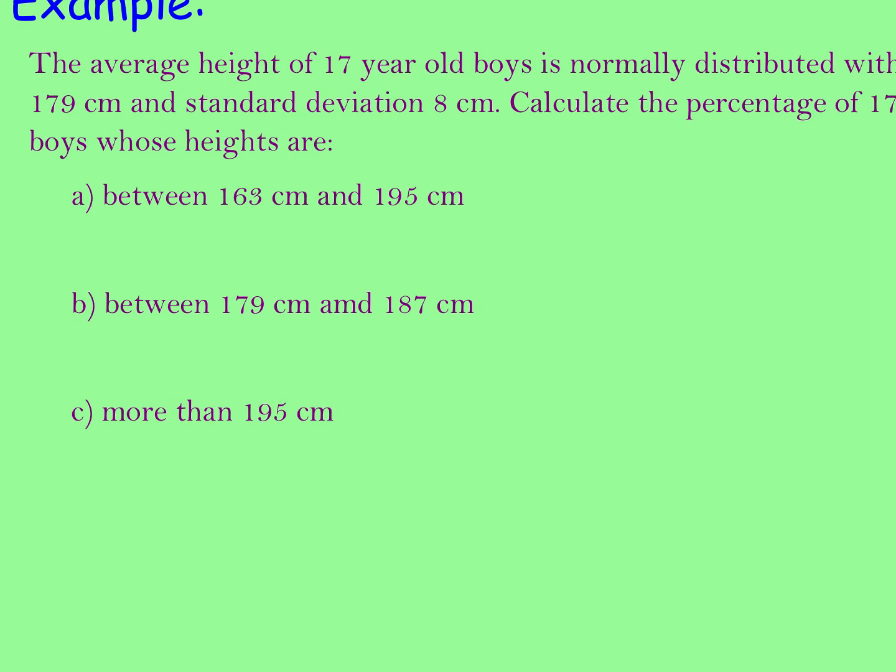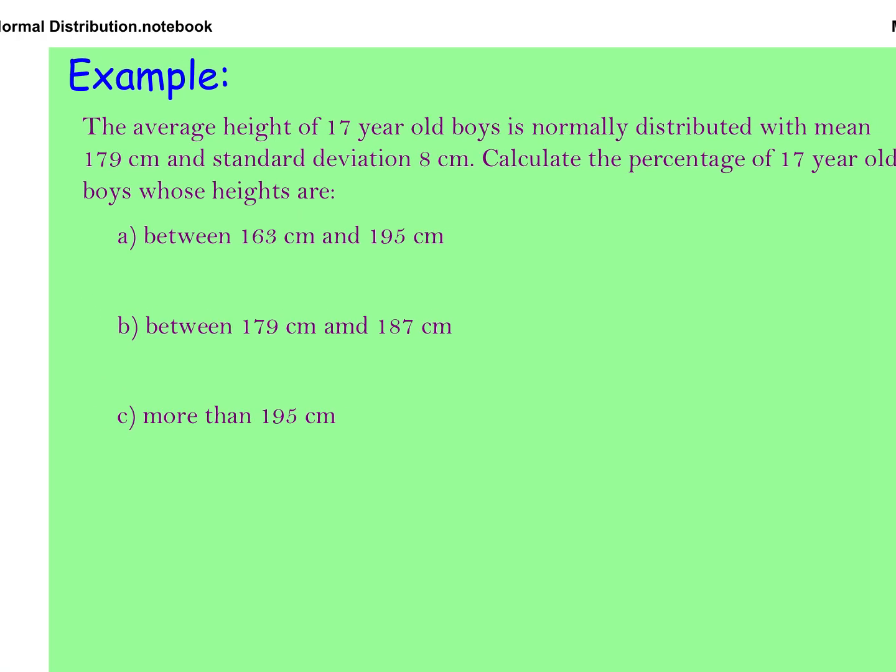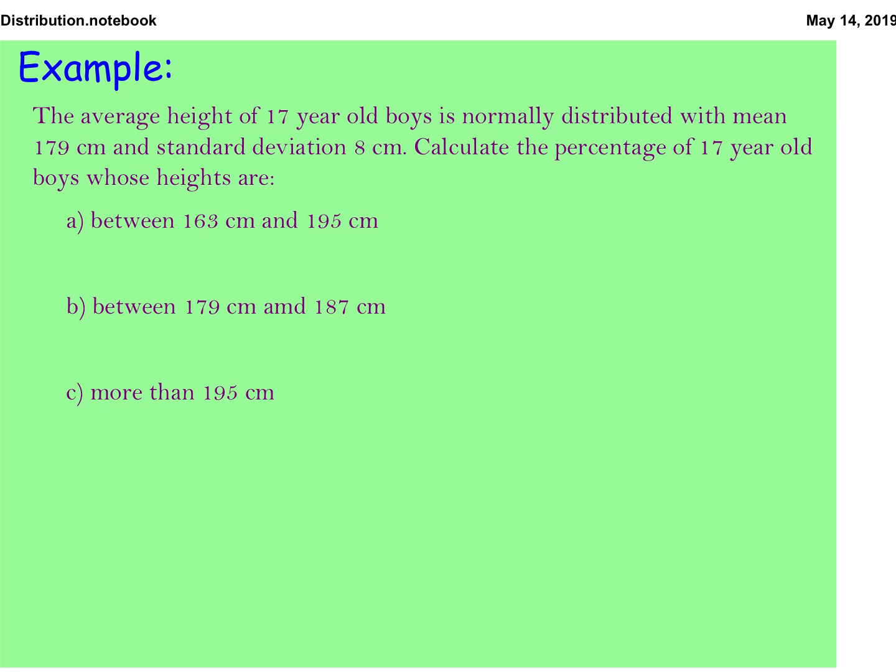This is a typical question you're going to be able to answer with the calculator, and I would submit that I doubt any of you could do this without the calculator. If you can, this is the part where you should write down your answer before I show you how to do it on the calculator. I will be extremely impressed if you're able to figure out what percent of kids are between this and this height.